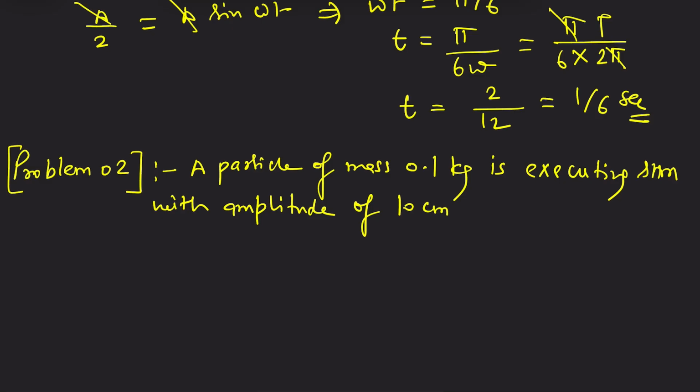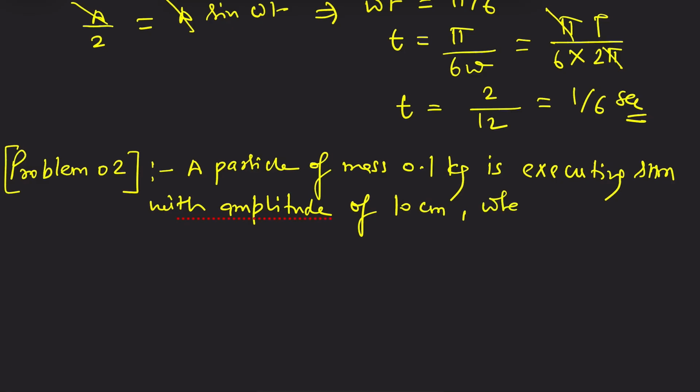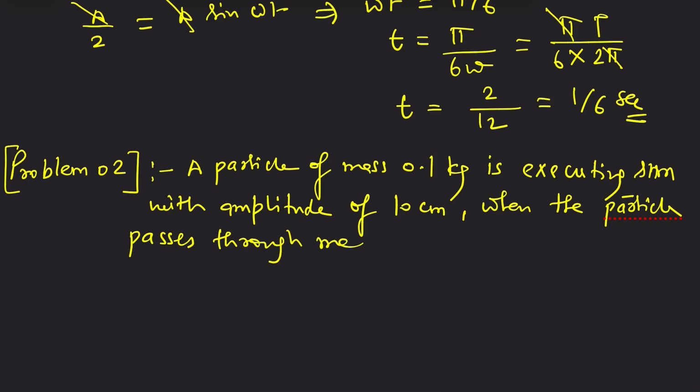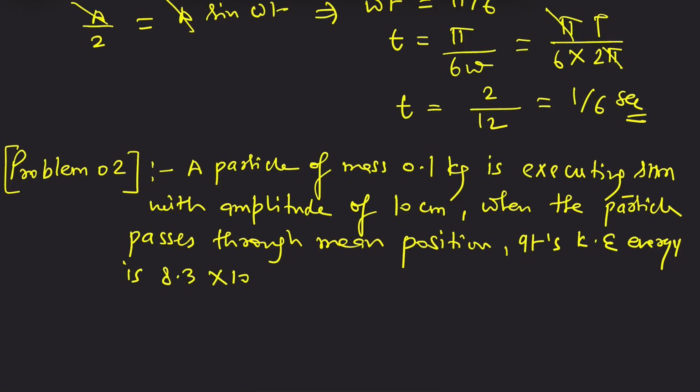When the particle passes through mean position, its kinetic energy is 8.3 into 10 to power minus 3 joule.